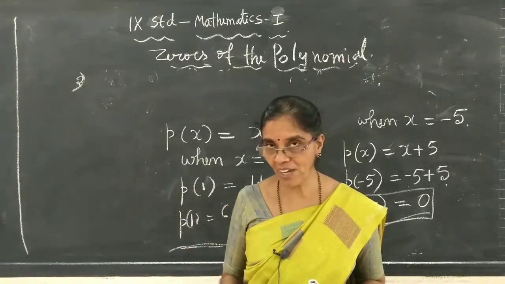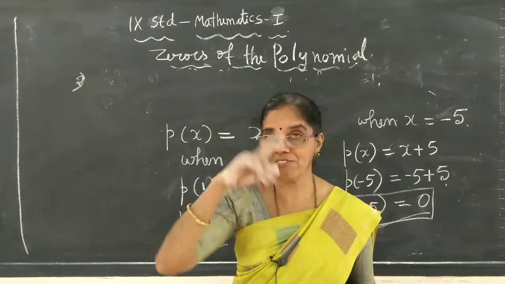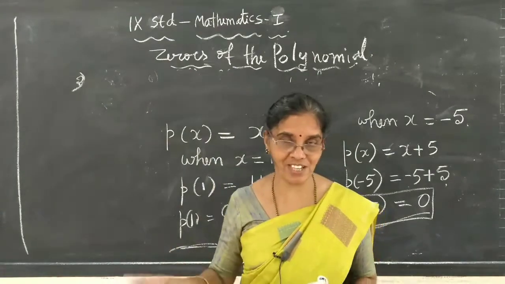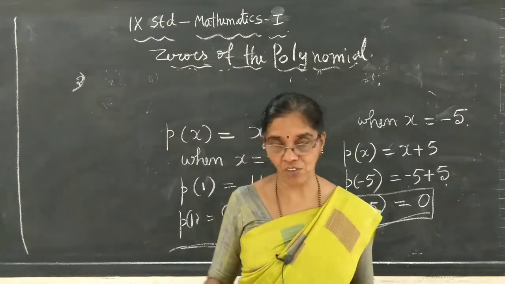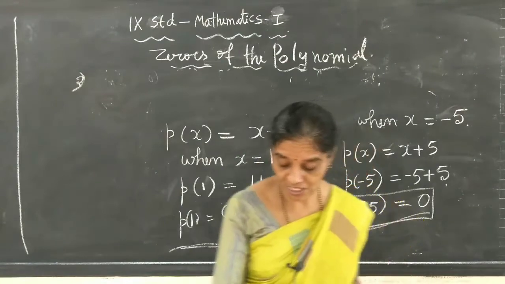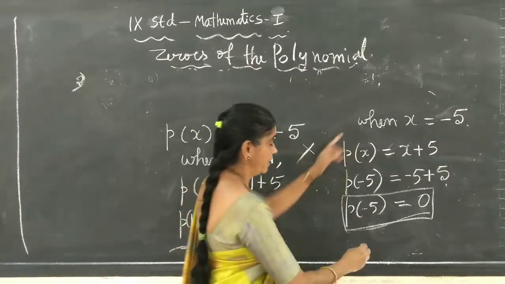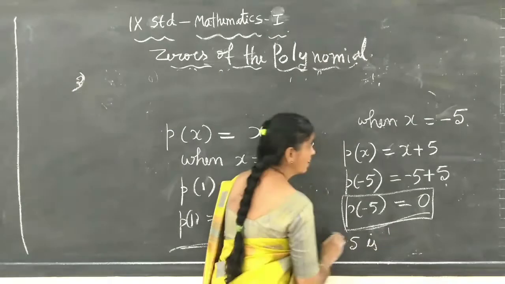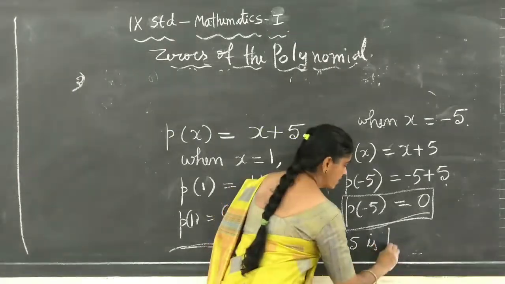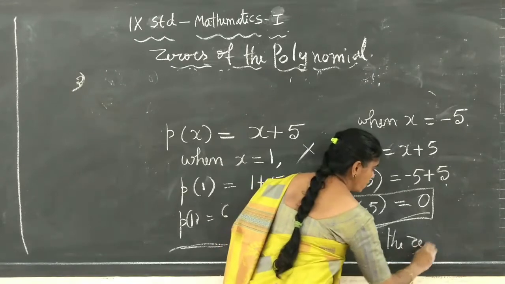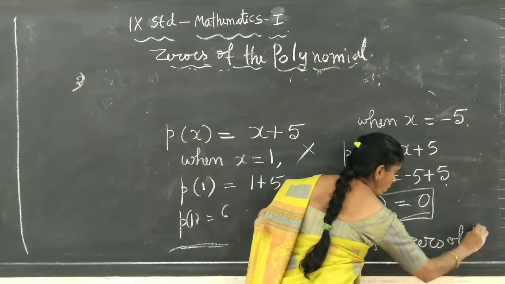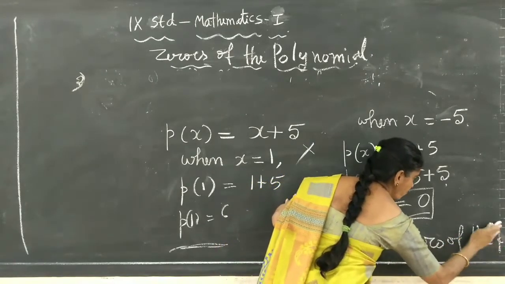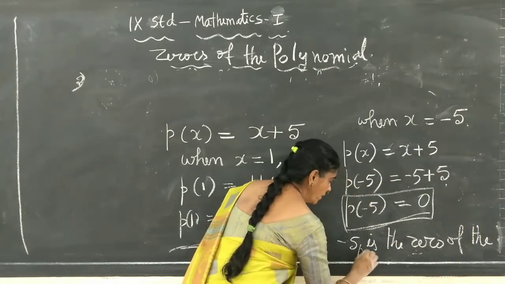Just find the value as you learned yesterday, and you should get 0. Then only you say that particular number is a zero of the polynomial. As you solve, here you have to write minus 5 is the zero of the polynomial.